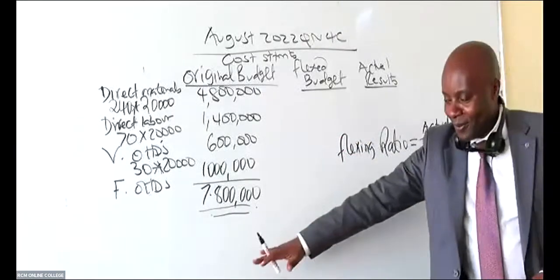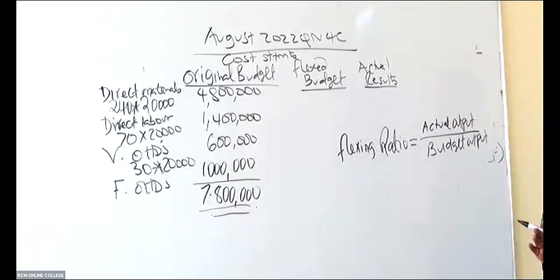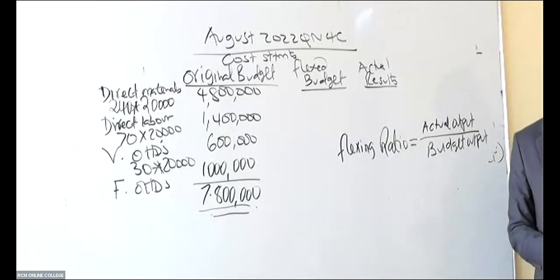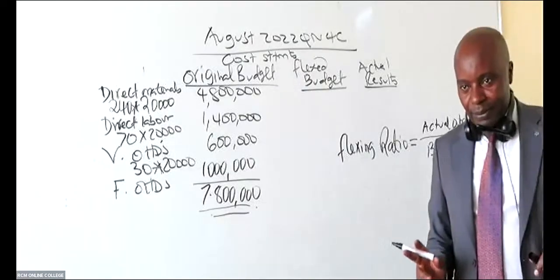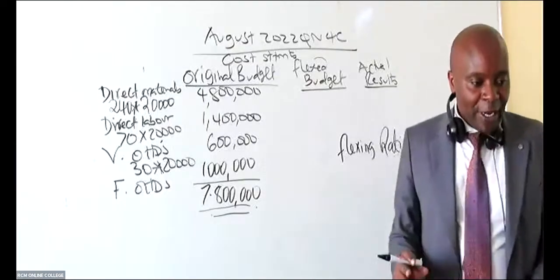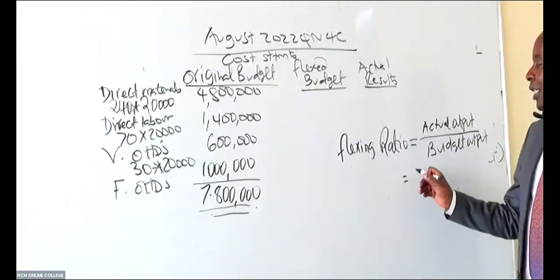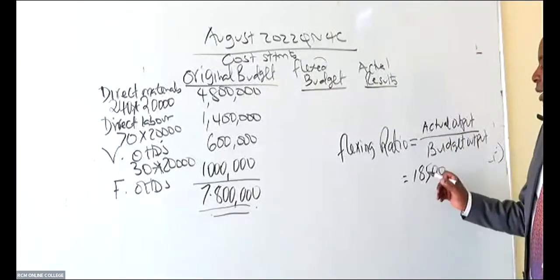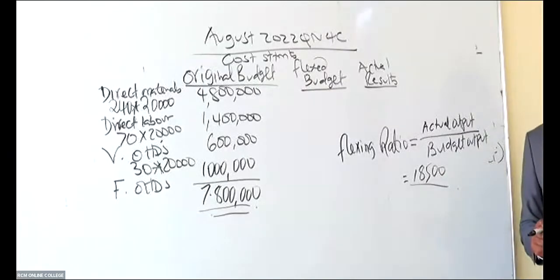So in this question, do we have our actual output given? And tell me which note number. Note number 4, we are able to see the actual output is 18,500. Divide this by the budgeted output.